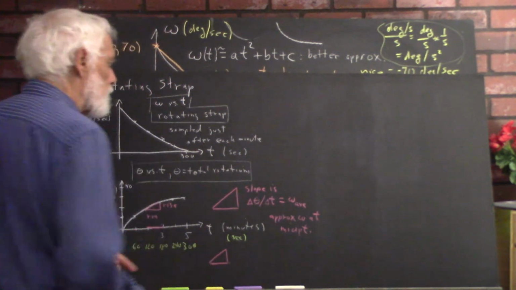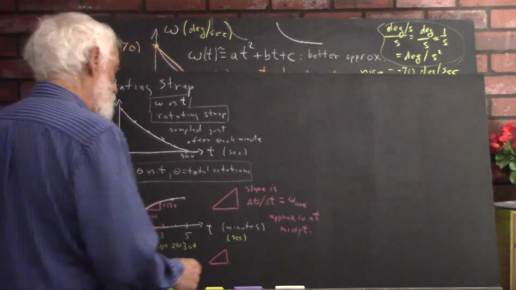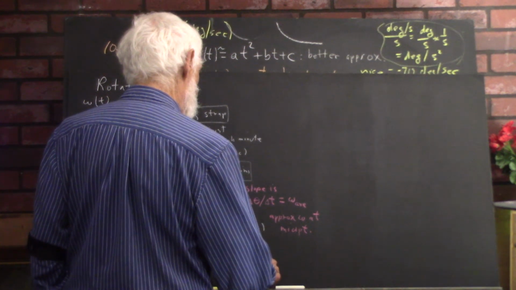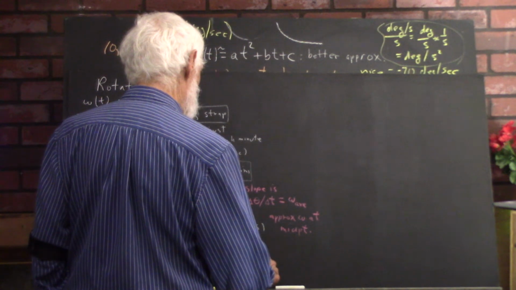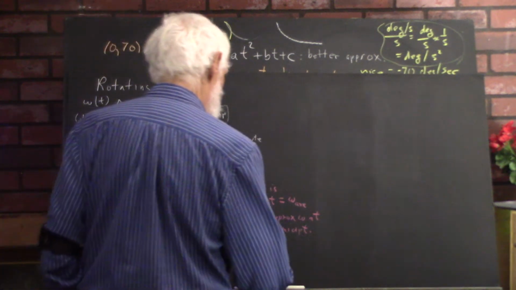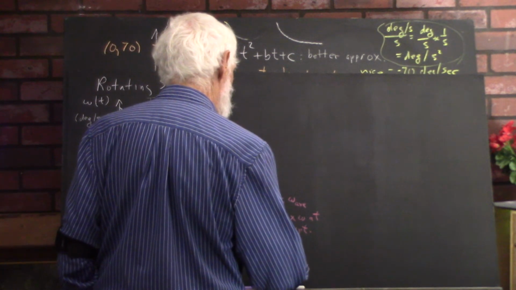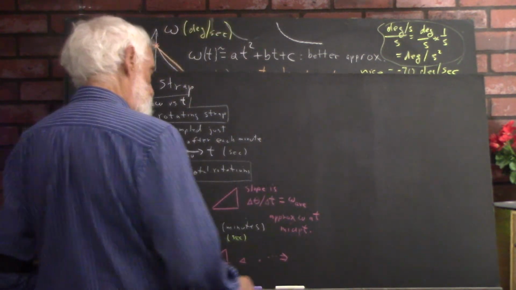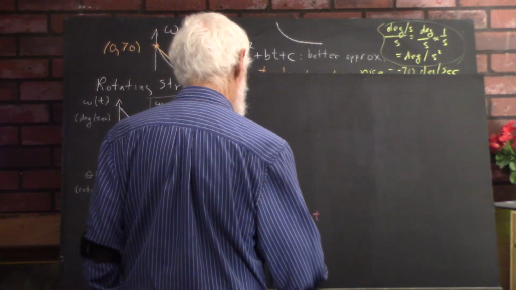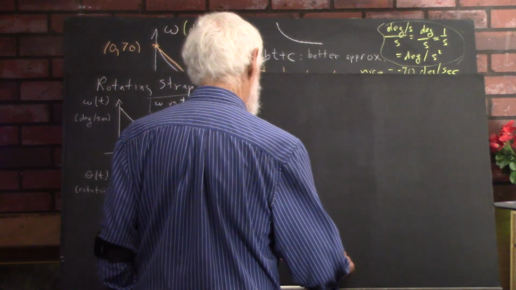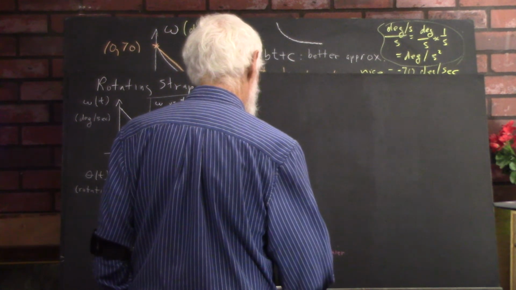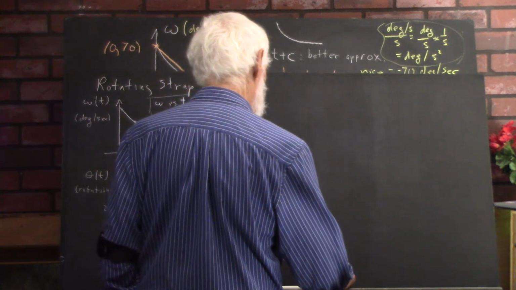Okay, now if we take these triangles and do approximations over shorter and shorter time intervals, we get tinier and tinier triangles. You can't even see that that's a triangle. I can't either, but I kind of tried to make it. So make these things tinier and tinier, that gives us omega average in tinier and tinier intervals.